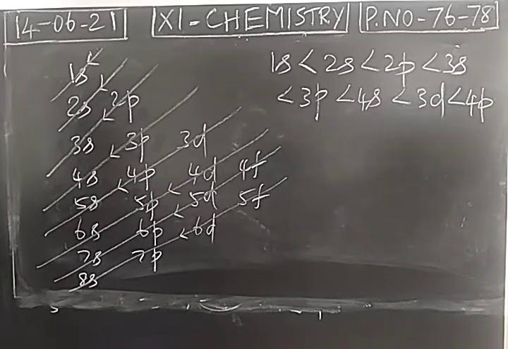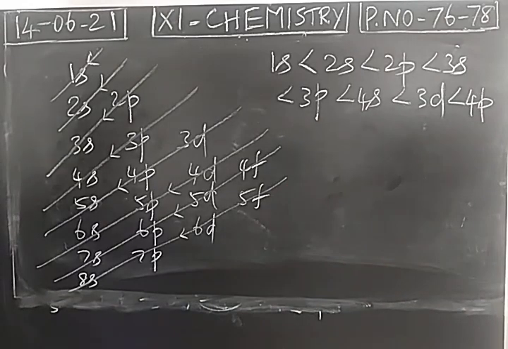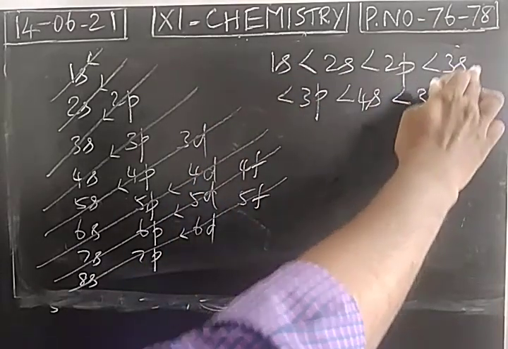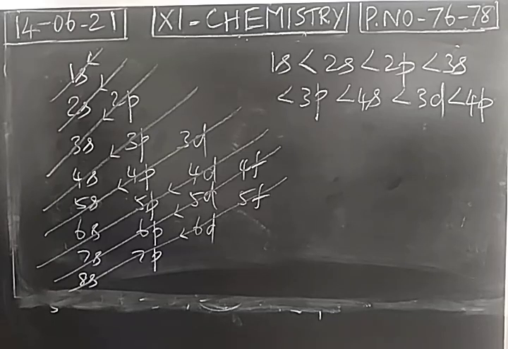We expect that orbitals in the fourth shell will have more energy than the orbitals in the third shell. But what is the order? 3d orbital has more energy than the 4s orbital. So we cannot write it as 1s, 2s, 2p, 3s, 3p, 3d, then 4s. It is not the correct order.